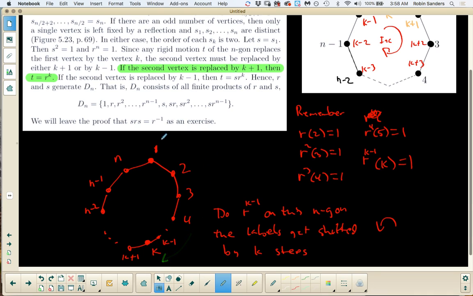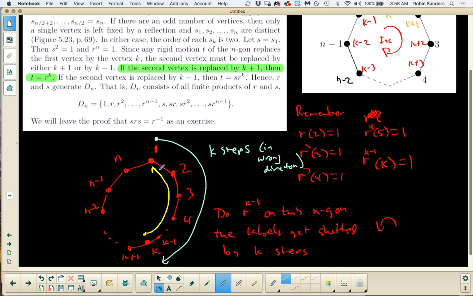So from here, let's give this in a nice bright color. From here to here is k steps in the wrong direction. So from here to here is k steps in the correct direction.